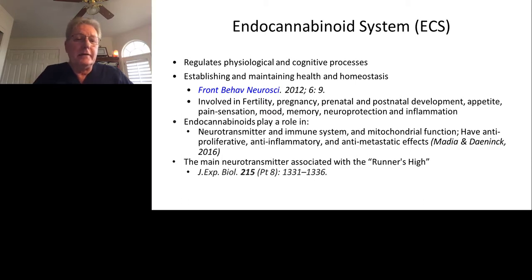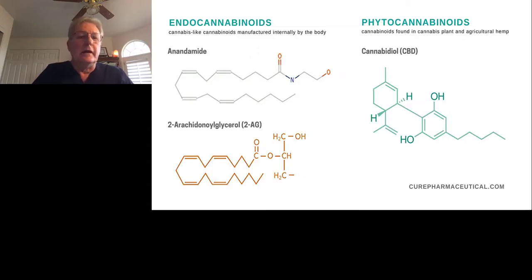Back in the 80s, when I was in medical school, we were told that the runner's high was from endorphins, but later we found that it's actually in our endocannabinoid system, and anandamide, one of the endocannabinoids.